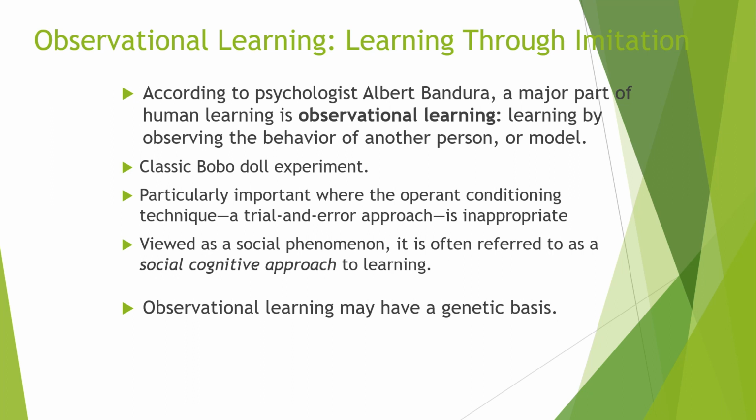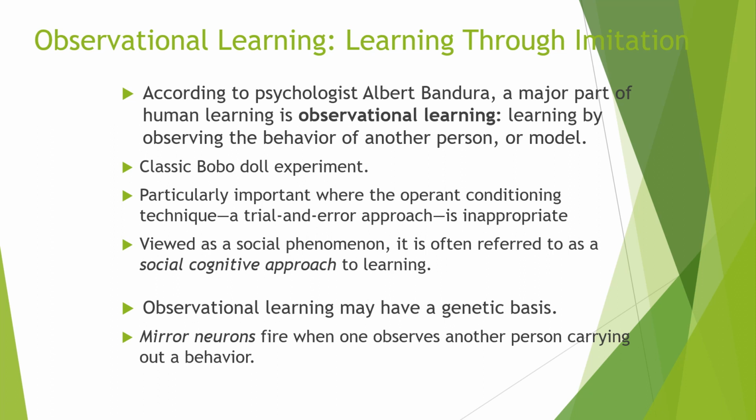And we know this because of this really cool area, and I think I mentioned this back in chapter 3, mirror neurons. I think if you remember back where I was talking about how if I see you smile, and then I smile, but I may not even be aware that I'm smiling. That is how mirror neurons work.